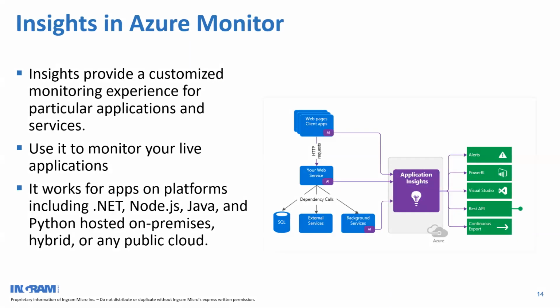The third is insight. Insight is very specific to applications, right? So logs and metrics are more with respect to Azure resources. So when I say Azure resources, it can be storage, it can be a network interface card, it can be a virtual machine, it can be database as a service or SQL as a service.